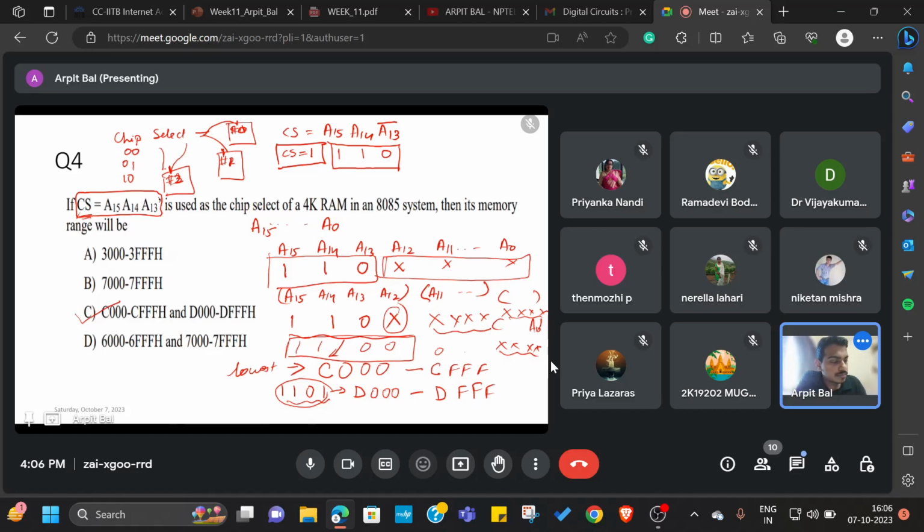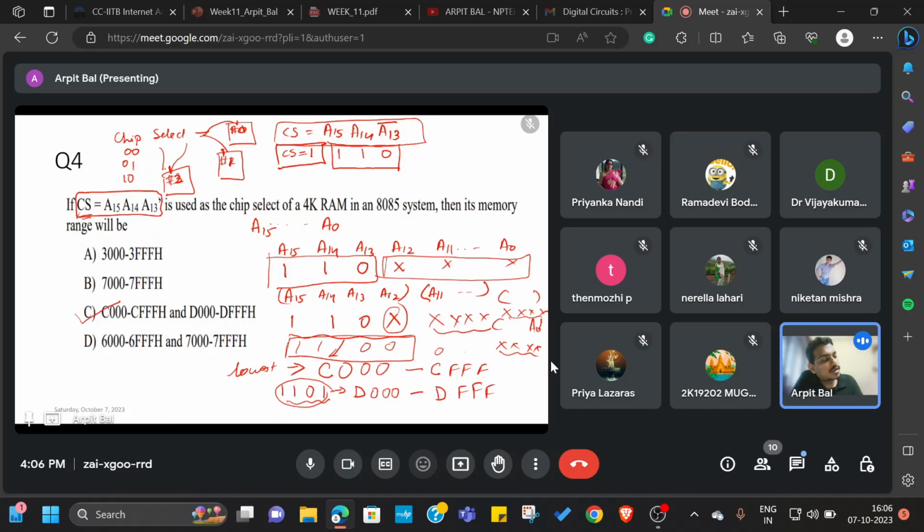Using this chip select signal, we first figure out at what value the chip select will be high. CS is going to be high when A15, A14, A13 assume the value 110. Then the remaining bits can take any value.